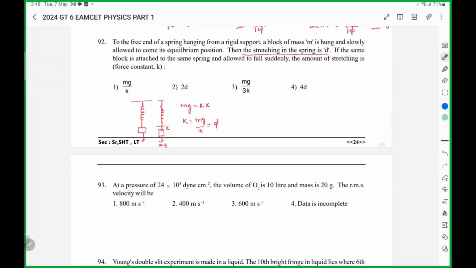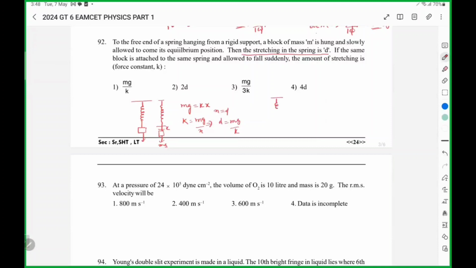The stretching in the spring is d, that is x is d, so d here is mg by k.